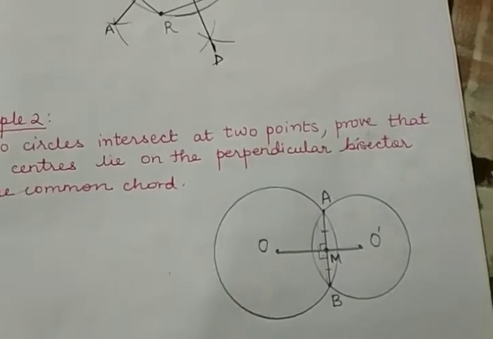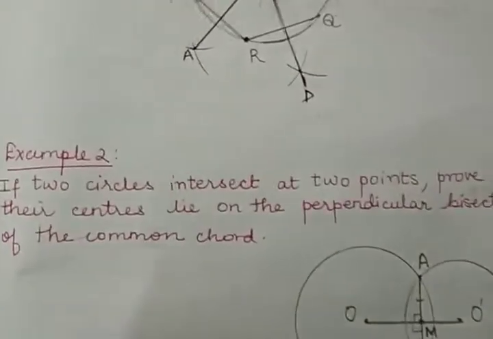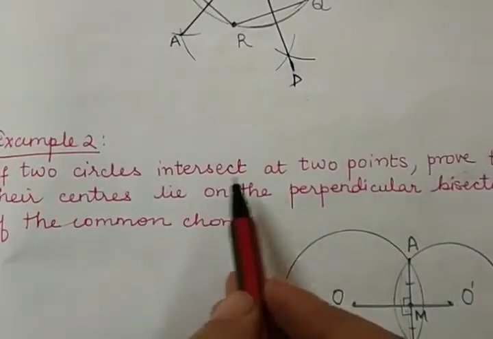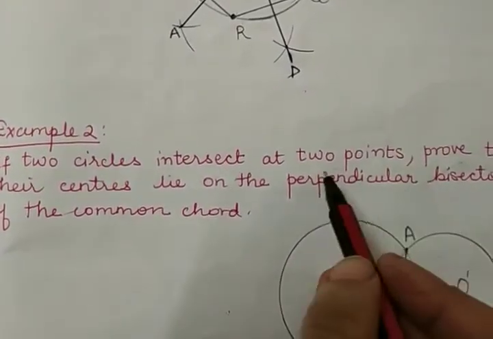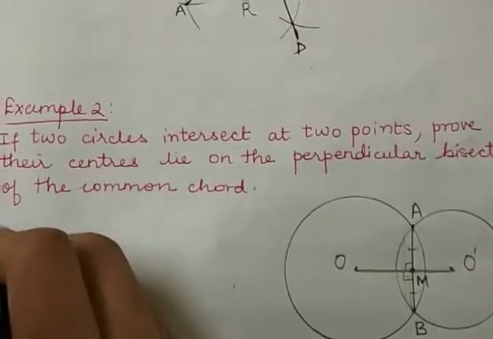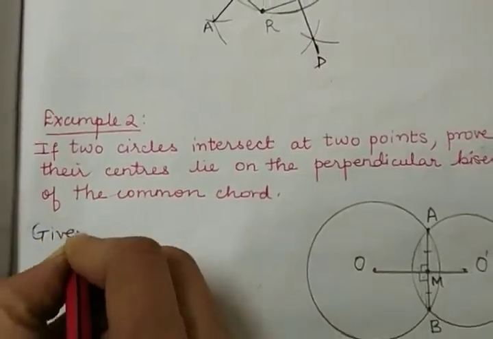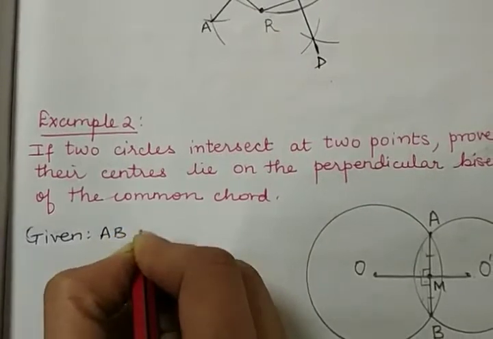So let us write down what we have to prove and what is given. Two circles intersect at 2 points. What is given to you here is AB is the common chord.